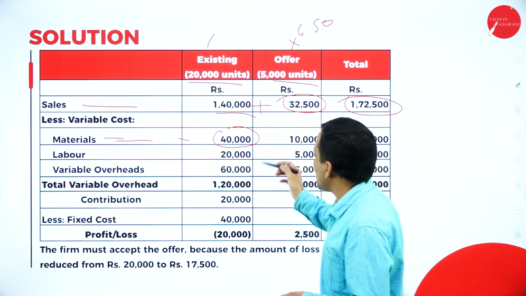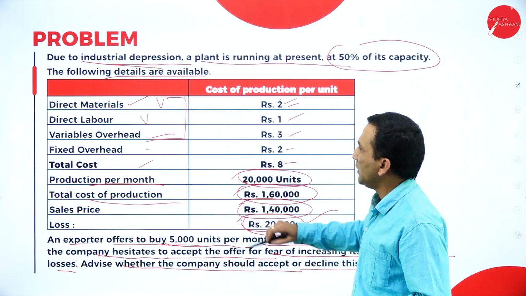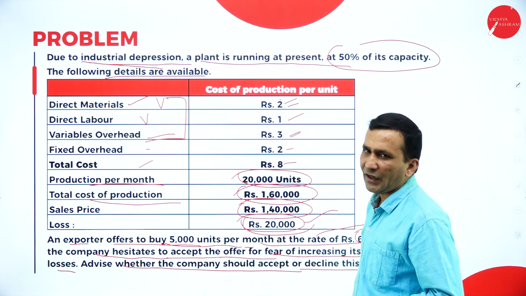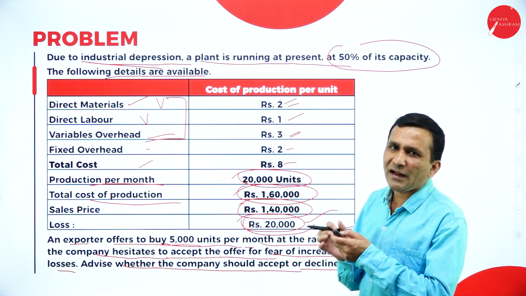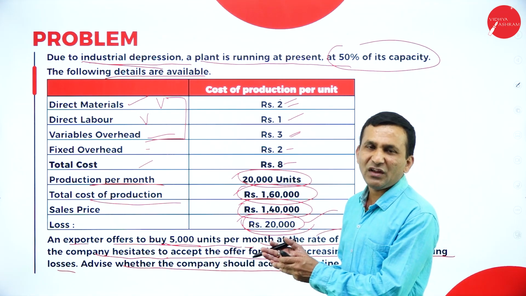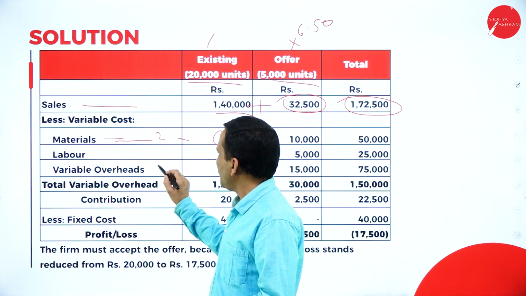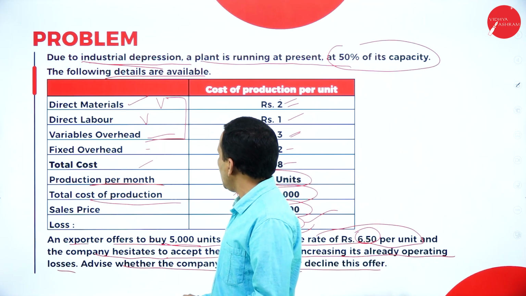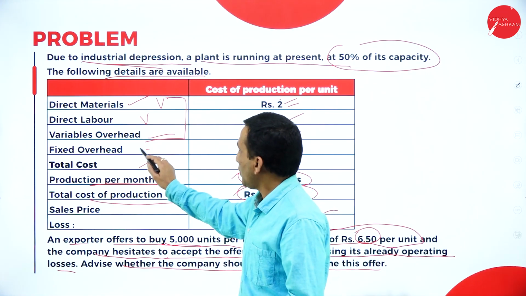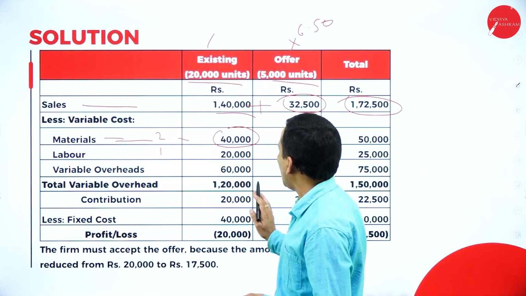The cost given is material at the rate of 2 rupees, labor cost at the rate of 1, and variable overheads at the rate of 3. We need to multiply by the respective units produced in your company and the offer accepted from outside. Here the material cost is 2, the labor cost is 1, and we follow the same format.